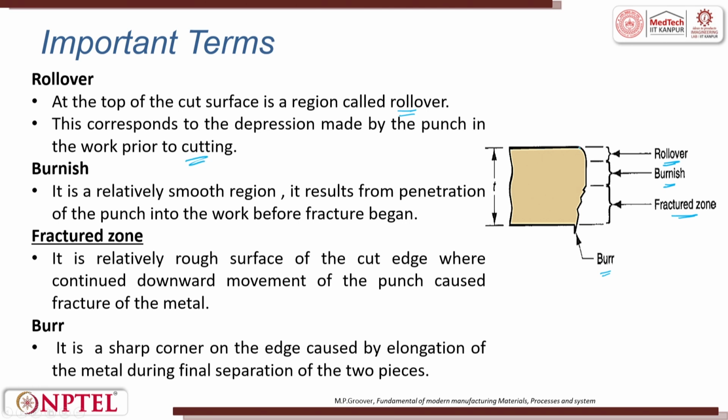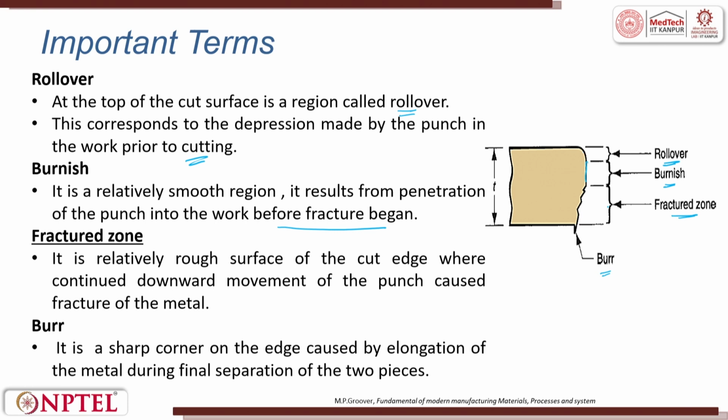So, initial indentation is nothing but rollover. Burnishing means a smooth region that results from penetration of the punch into the work before fracture begins. Burnishing means you are trying to roll the material along the walls. Rollover is the initial bend you create.